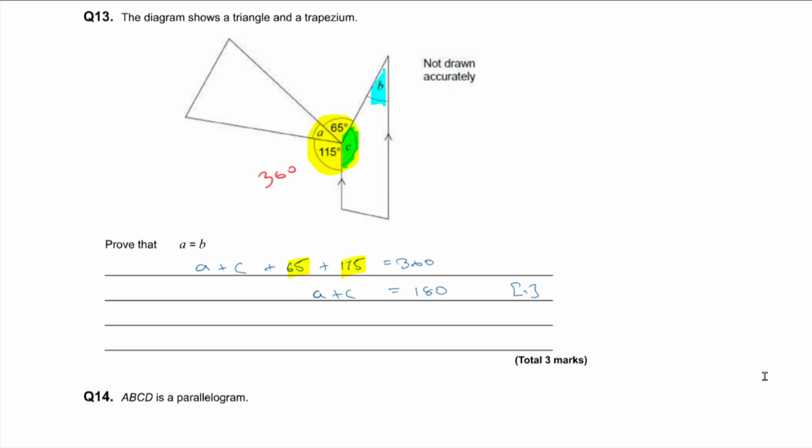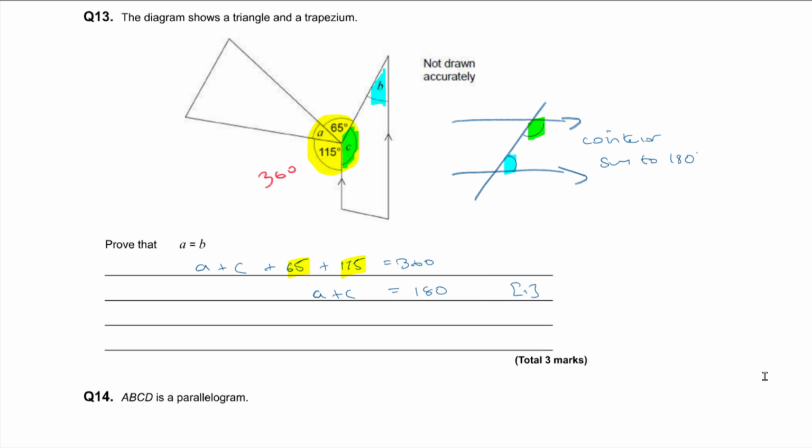So when you've got a pair of parallel lines and a line crossing them, call that a transversal, then this angle and this angle are called co-interior, and they sum to 180, don't they? So like the green one is the C and the blue one is the B, isn't it? Okay, so we know that those two add up to 180 degrees.